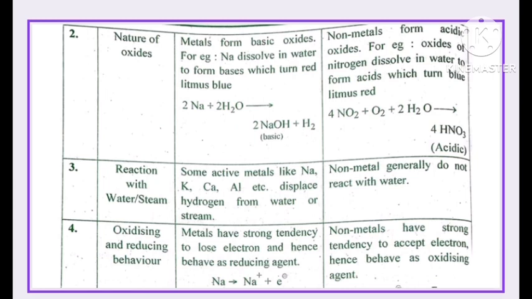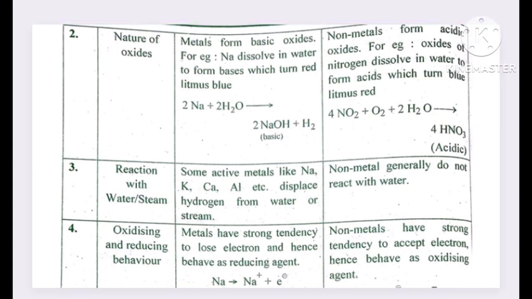Metals usually form basic oxides. For example, sodium Na dissolves in water to form bases which turn red litmus blue. Non-metals form acidic oxide. For example, oxides of nitrogen dissolve in water to form acids which turn blue litmus to red.